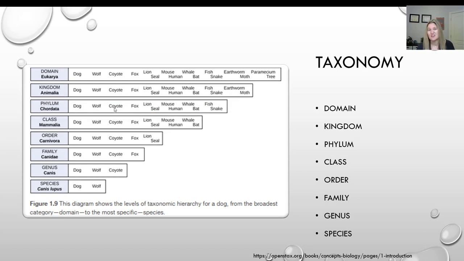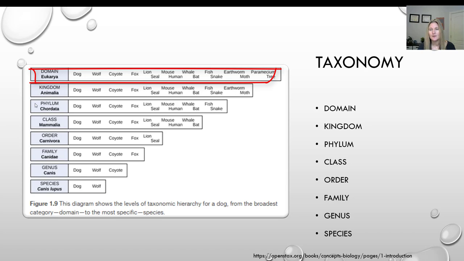And we can even include things like earthworms, jellies, crabs, other invertebrates. So that would fall under the classification of Animalia. So that's even broader. And all animals are made of eukaryotic cells, so we fall under the domain Eukarya, along with plants and fungi and things like that.